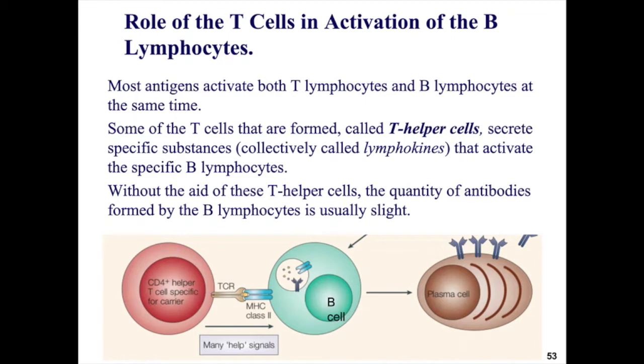And that's what gave the name to the CD4 T cells, T helper. Helper in the sense they would help the B lymphocytes. But in fact, we will see that the B cells can also help the T cells by presenting antigens to the T cells, by showing the antigens to the T cells.